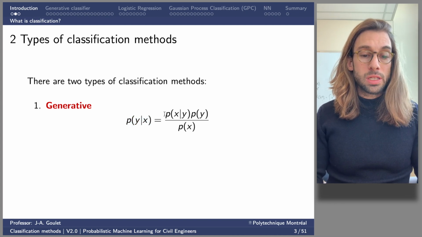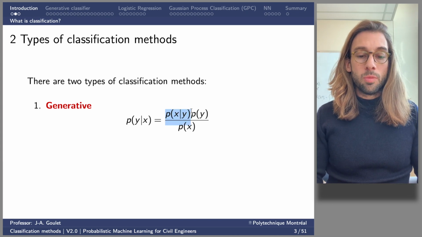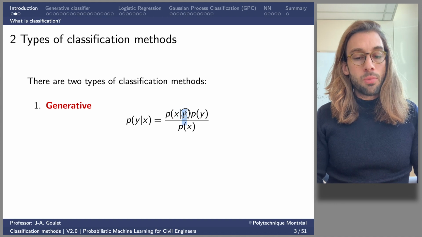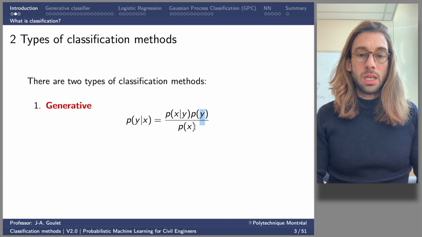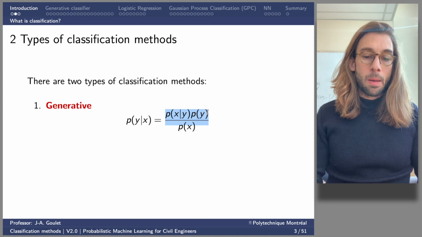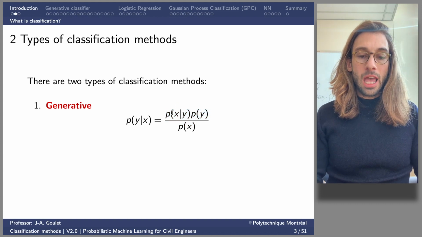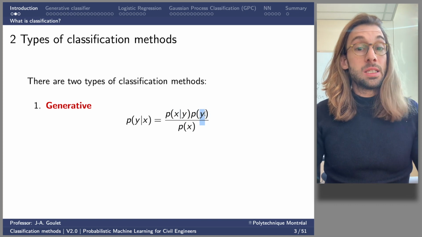We characterize the conditional probability of my covariate given a class, times my prior probability of a class, divided by my marginal probability for the observed covariate. This is generative because we model the joint PDF by the product in the numerator, of my observed covariate and observed class. That's going to offer us some flexibility, as we're going to see.